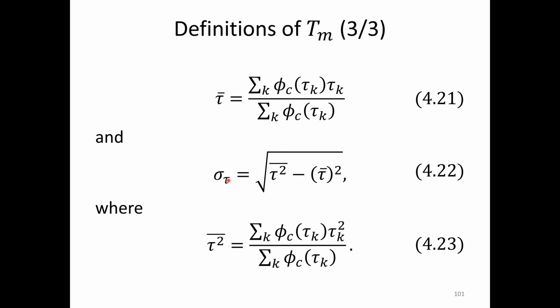And sigma tau, which is equal to the square root of the second moment minus the square of the mean of tau, is the standard deviation of tau. So we use sigma tau here, where we usually use the symbol sigma to denote the standard deviation of a random variable in probability theory.